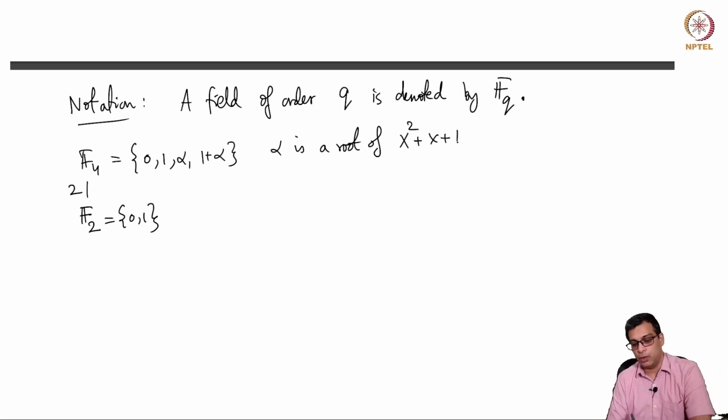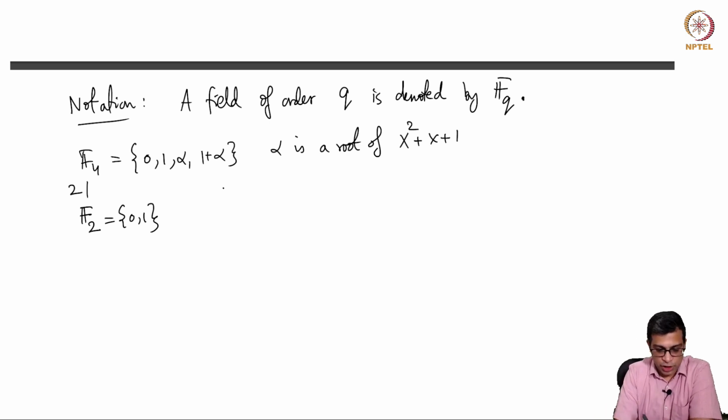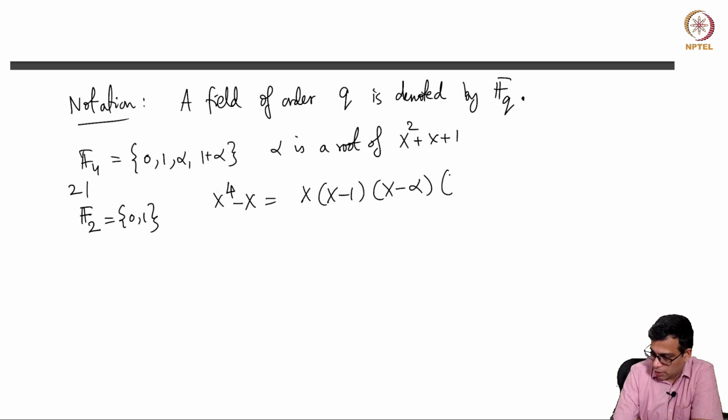This is the only irreducible polynomial of degree 2 in F2[x]. So the elements of F4 can be represented as roots of this, right? Because this is x times (x minus 1) times (x minus alpha) times (x plus alpha).